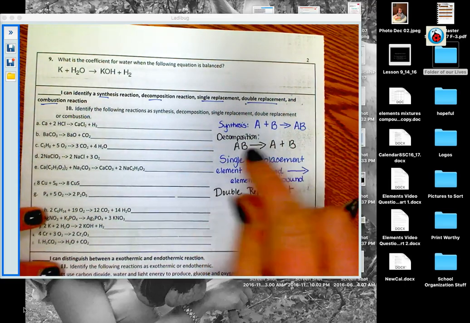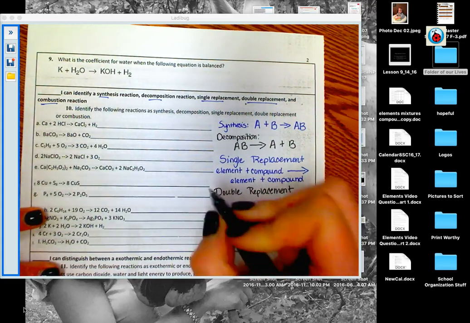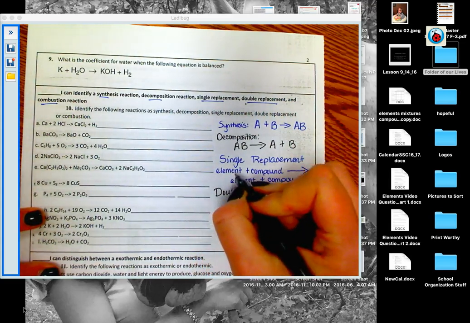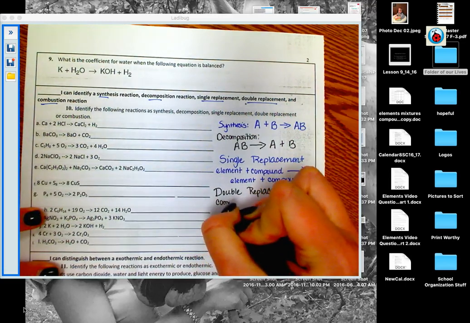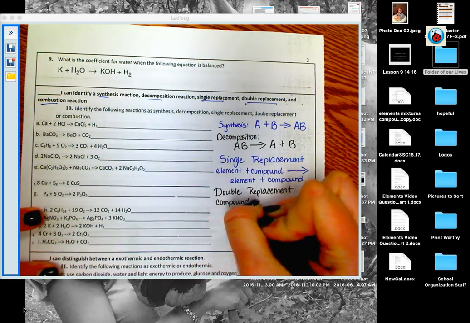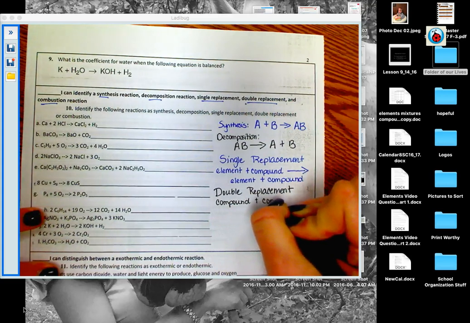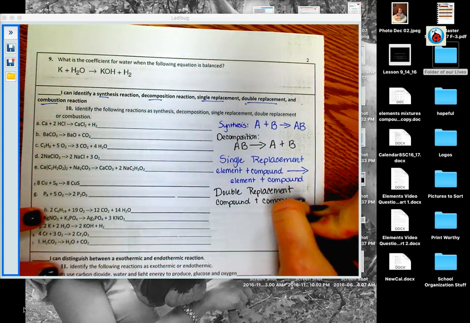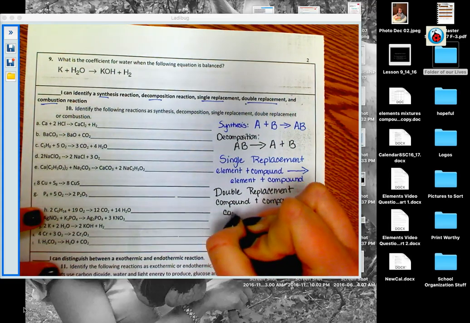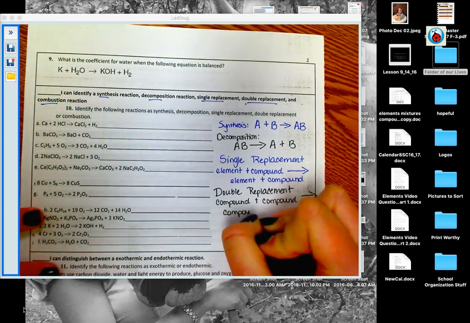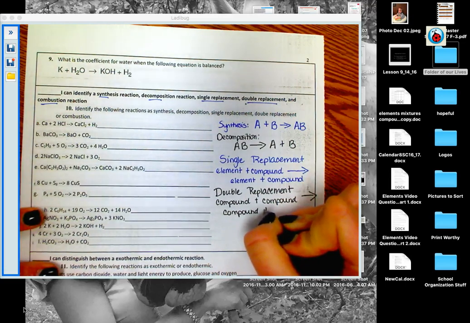So in this case, instead of it being an element and a compound, because an element is only a single object, right? In this case, it's a compound and a compound. And then after your reaction, you end up with a different version of the same thing.